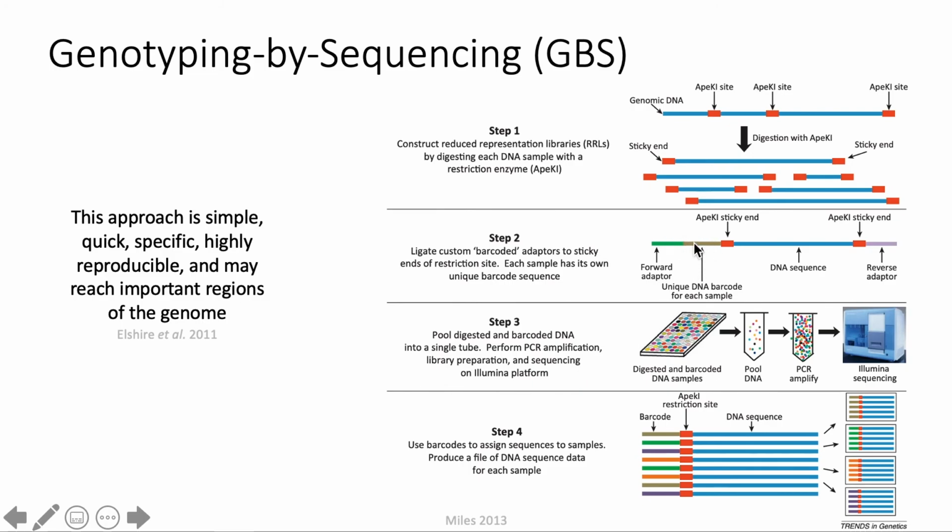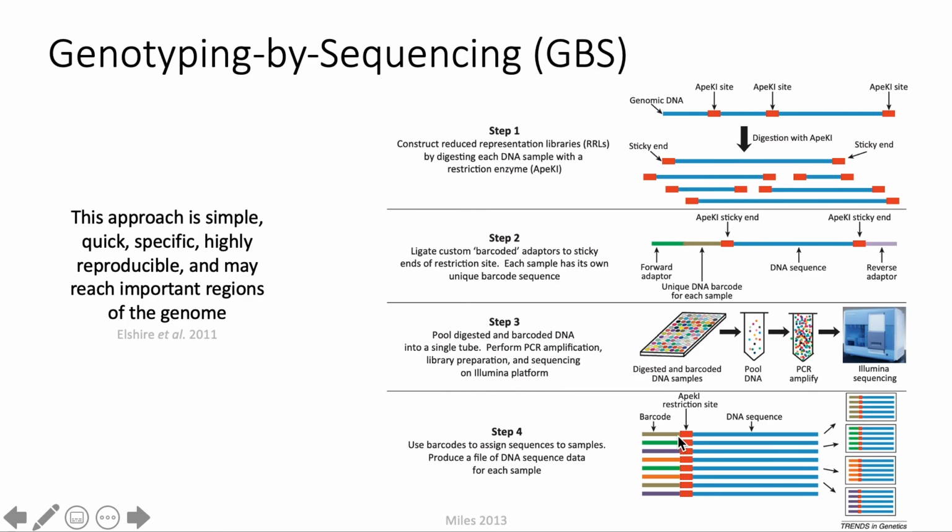After we put the adapters and barcodes on every single read, we can put those samples together in one tube, and then send that pool of genotypes into the Illumina sequencing machine, and we are going to generate all the reads with the barcode.